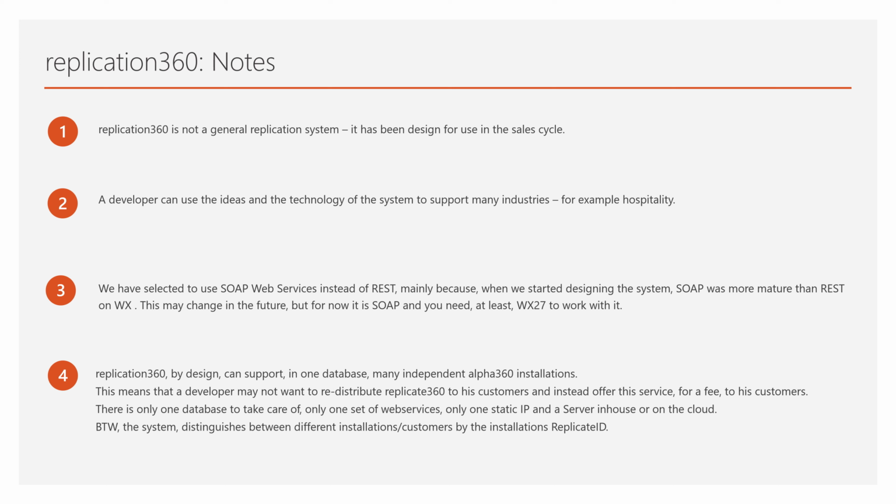There is only one database to take care of, only one set of web services, only one static IP, and only one server in-house or on the cloud. By the way, the system distinguishes between different installations, customers, by the installation's replicate ID.